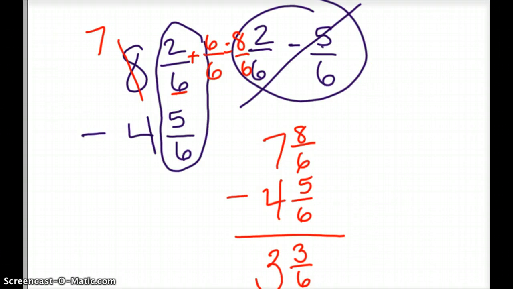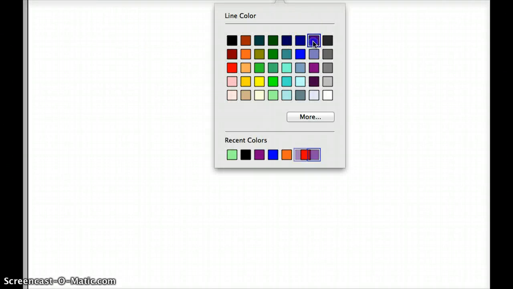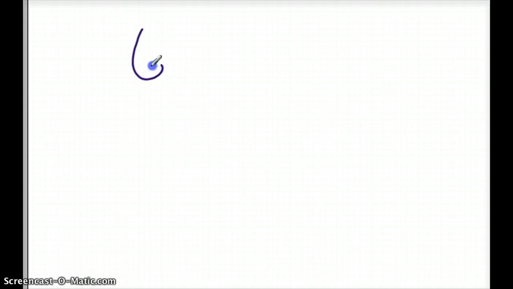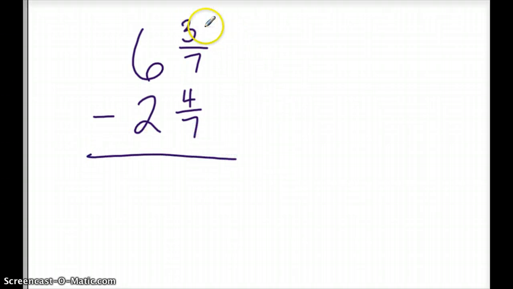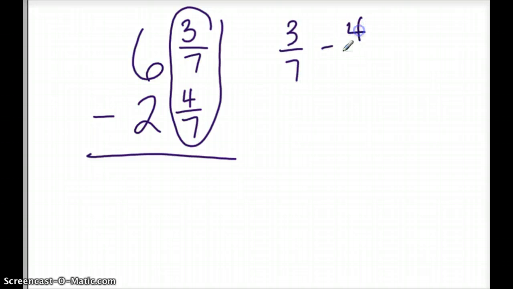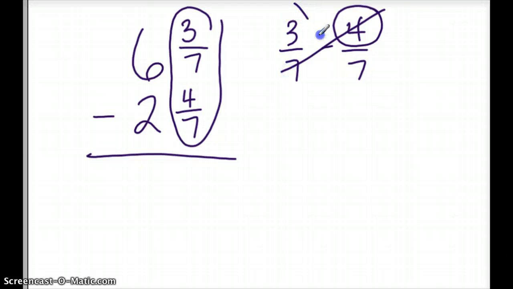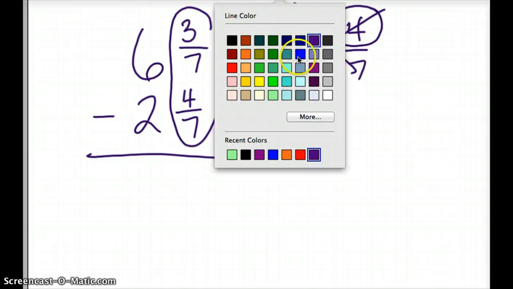Okay, let's look at another example. 6 and 3/7 minus 2 and 4/7. Okay, 3/7 minus 4/7. Because 4 is greater than 3, I cannot do it. So I have to borrow.